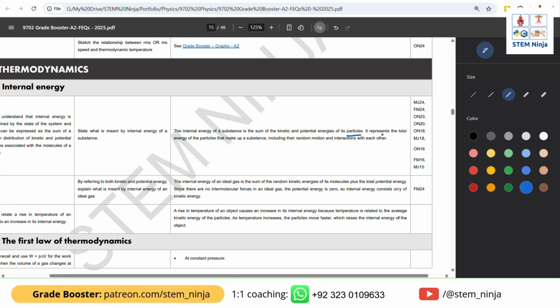It represents the total energy of the particles that make up a substance, including their random motion and interactions with each other.